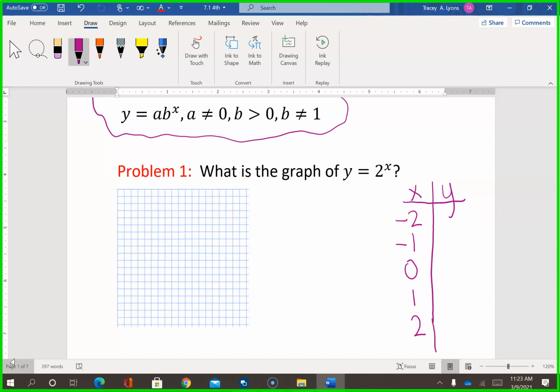So where that x is, it doesn't say anything about what that number can be. That's why you can pick negatives, you can pick positives, and you can pick 0. So in your calculator, you're going to plug in 2 to the negative 2, 2 to the negative 1, 2 to the 0, and so on.